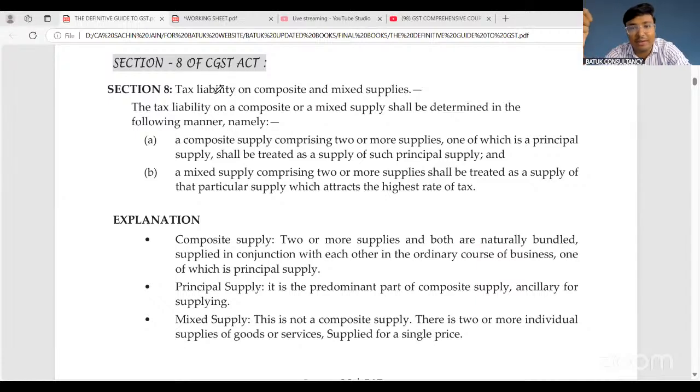Consideration nahi hoga, then we have a schedule number 1. Schedule number 2 is going to decide the supply of goods or supply of services, and schedule number 3 is going to provide you the details of the activities or transaction which should be considered as neither supply of goods nor supply of services. Okay, and also we have covered certain important examples related to multiple scenarios on account of the term supply.